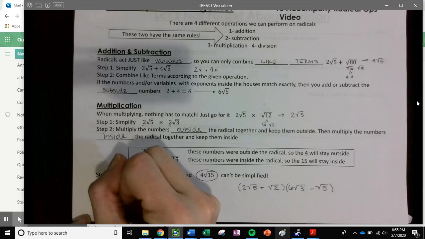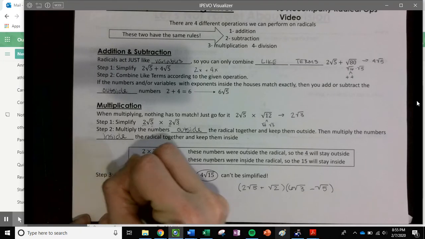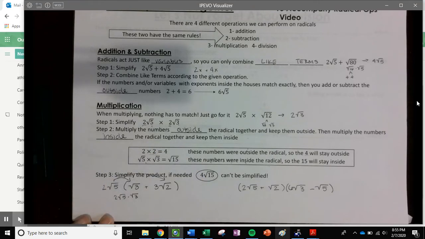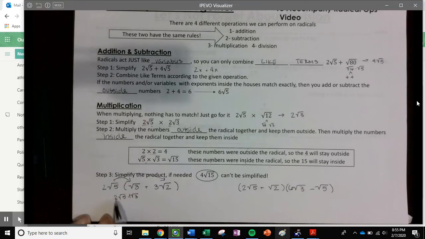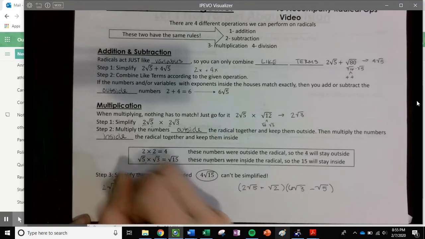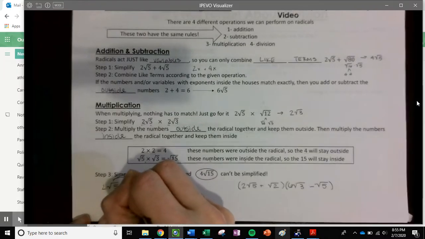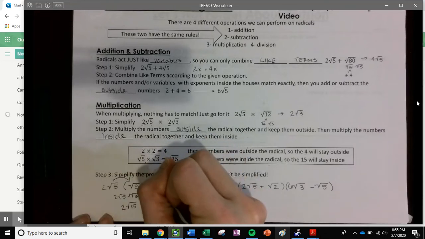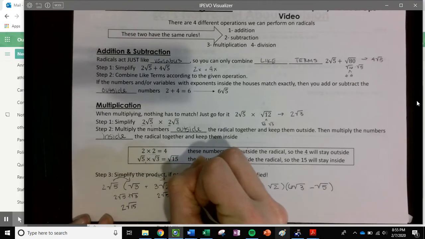So if I'm multiplying, oh geez, it's been a long day, you guys, long couple of days. 2 square root 5 times square root 3. You know there's that invisible 1 outside, so 2 times 1 is 2. And 5 times 3 stays inside the house as 15. And now I've got 2 square root 5 times 3 square root 2.